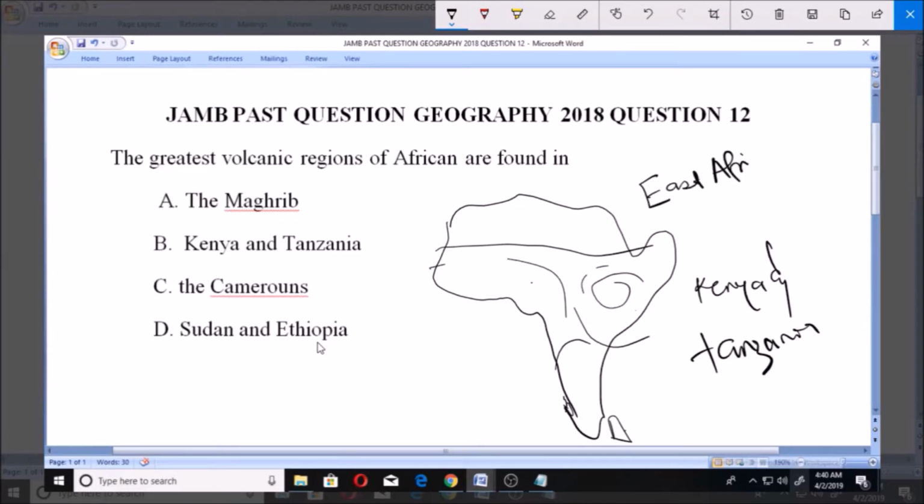We have the East African Rift Zone, and it's actually a volcanic region, made up of both active and dormant volcanoes.